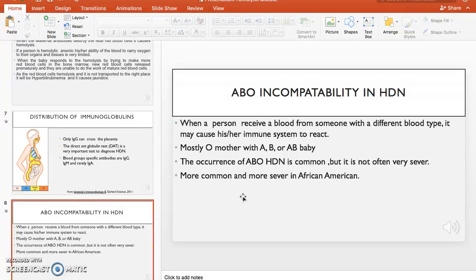ABO is not severe, but it is very common. African Americans have a higher ratio compared to Hispanics and whites. The ratio of ABO incompatibility in African Americans is higher than the others.